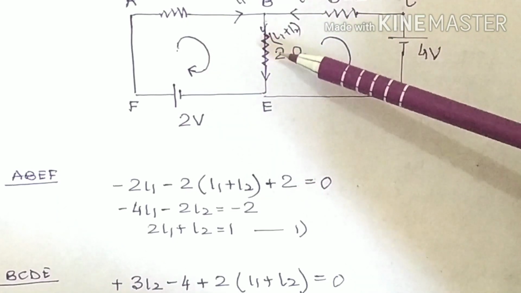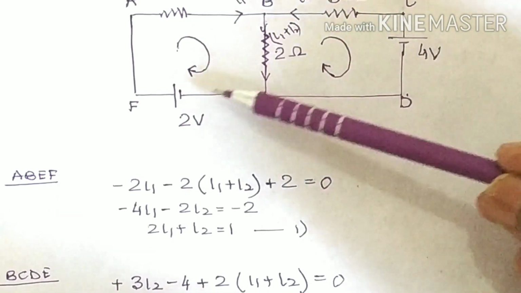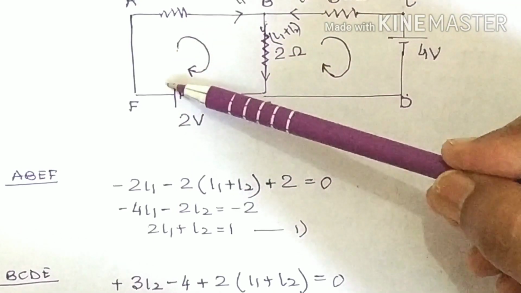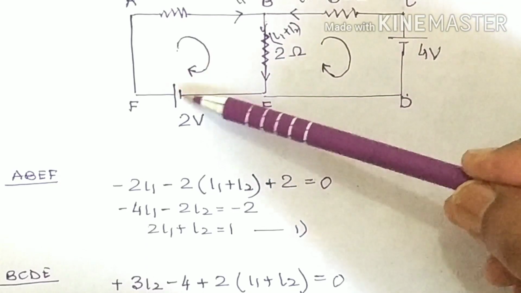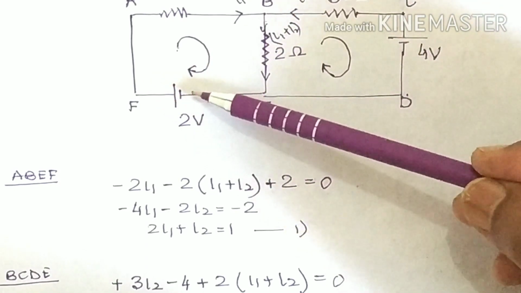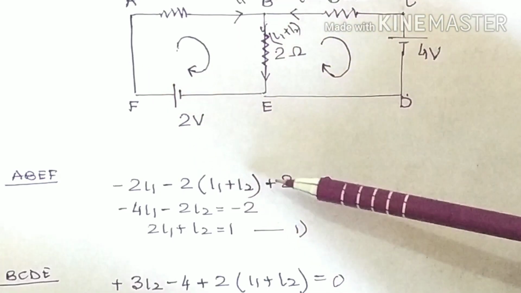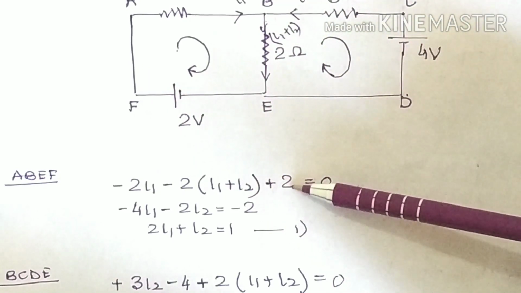Now for this third element, you are moving from negative to positive, so EMF will increase, plus 2.